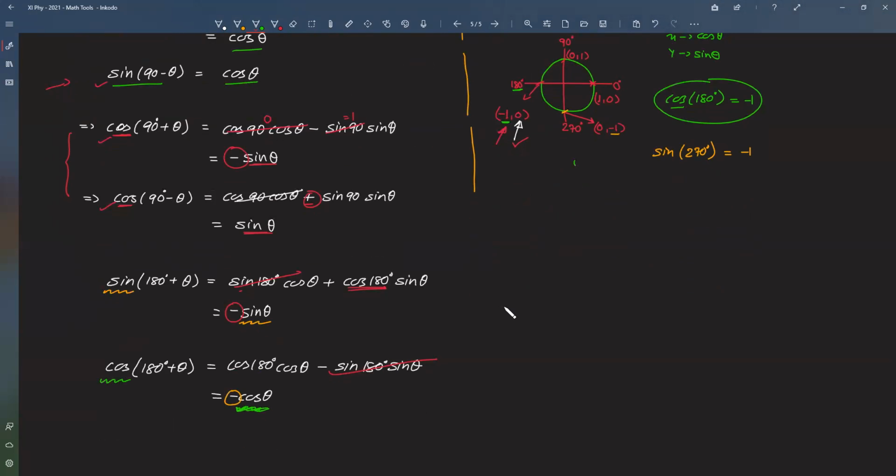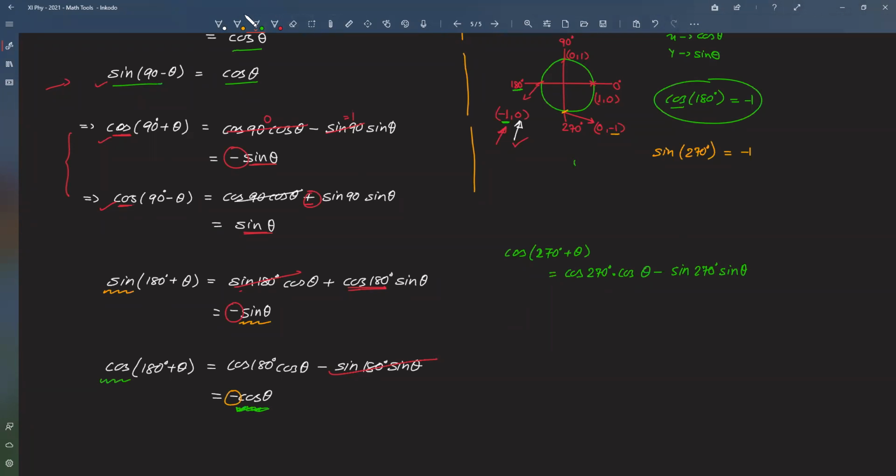Let's say at 270 degree we are finding cos. We'll do only one, say cos 270 degree plus theta. It will be cos A cos B minus sine A sine B, that is cos 270 degree cos theta minus sine 270 degree sine theta.